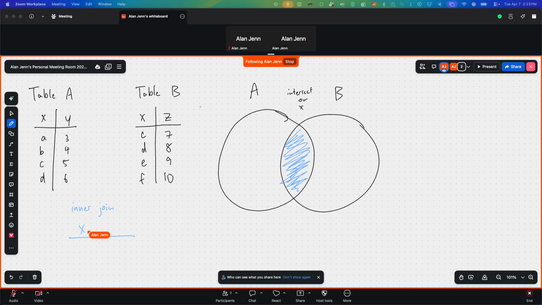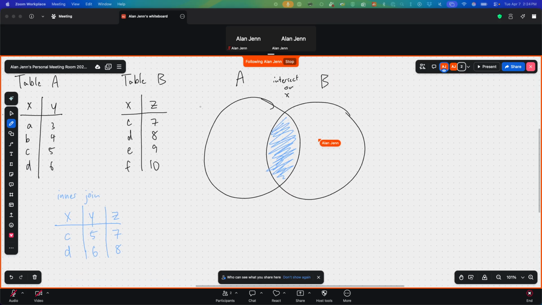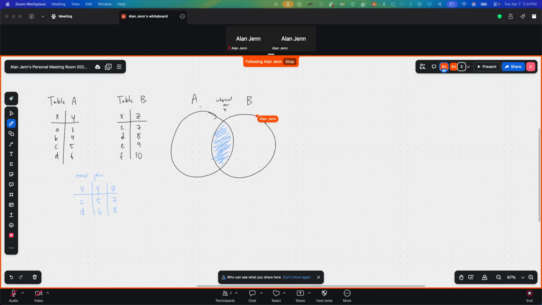So X would be C and D, and then the whole point of doing this merge is that I would bring along with it the properties corresponding to those values in my other columns. So now I would have Y and Z, and this would be 5, 6, and then this would be 7, 8. Okay, so this is our classic merging type of operation, and that is known as an inner join.